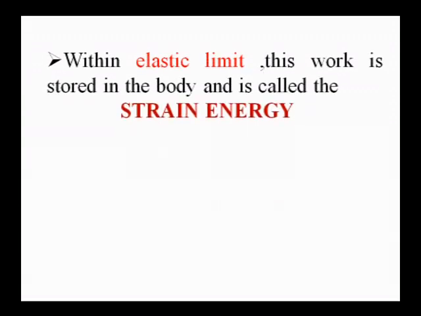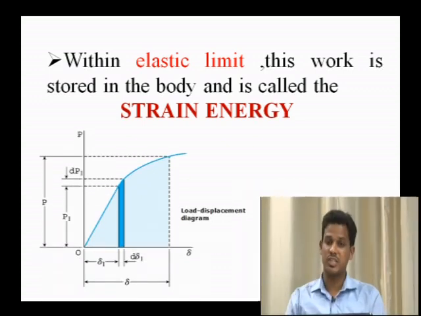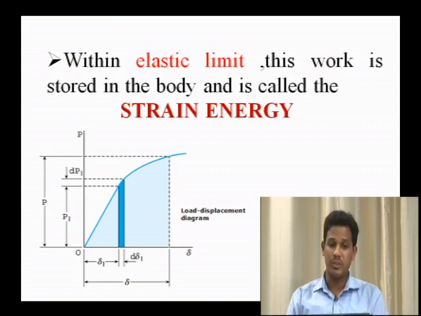We can define that it should be within the elastic limit. Within the elastic limit, work is stored in the body. How much energy is stored in the body, we call it strain energy. By seeing the figure, we can explain the stress-strain behavior of mild steel. Here I showed the elastic limit.